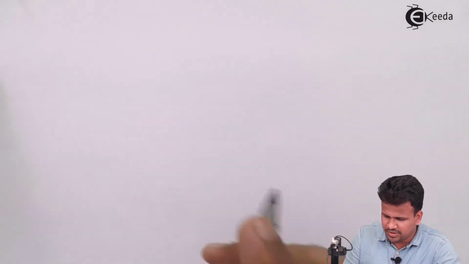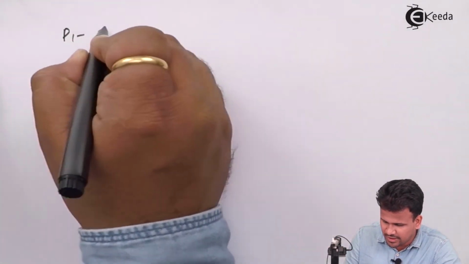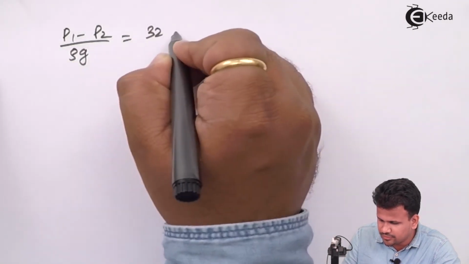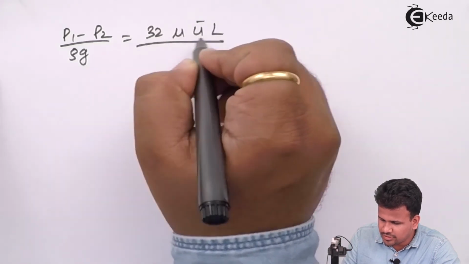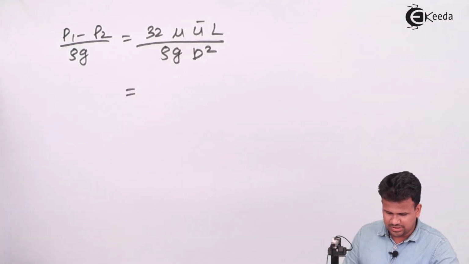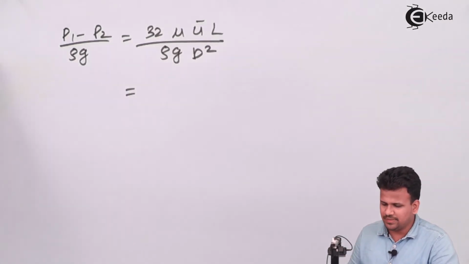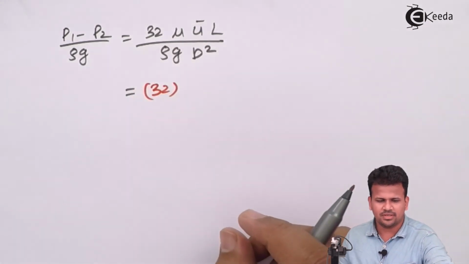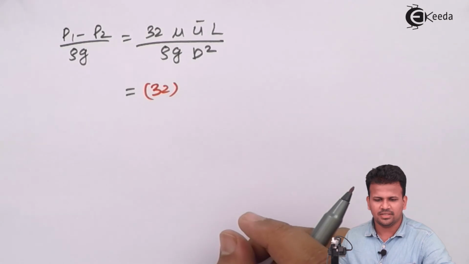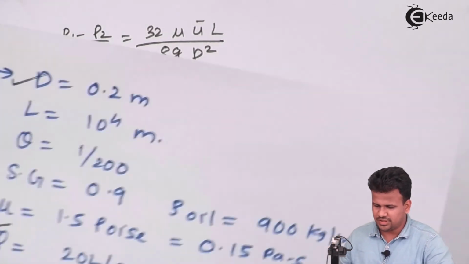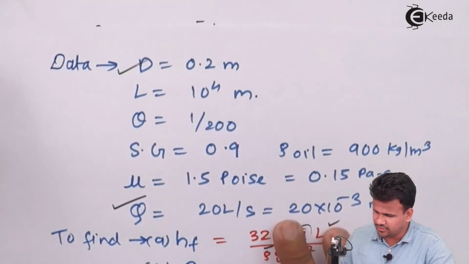P1 minus P2 upon rho g is equal to 32 mu U bar L upon rho g into D squared. Let us substitute the individual values. For viscosity, we substitute from the previous part, which is 0.15.